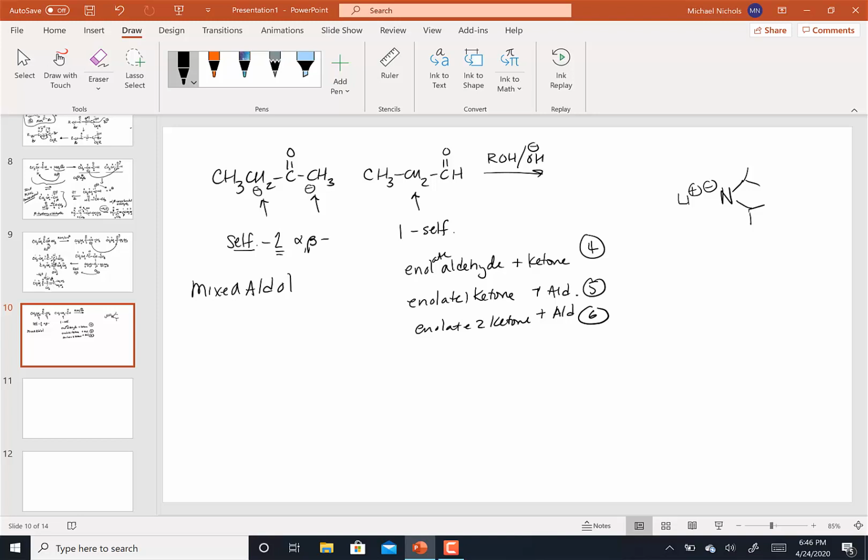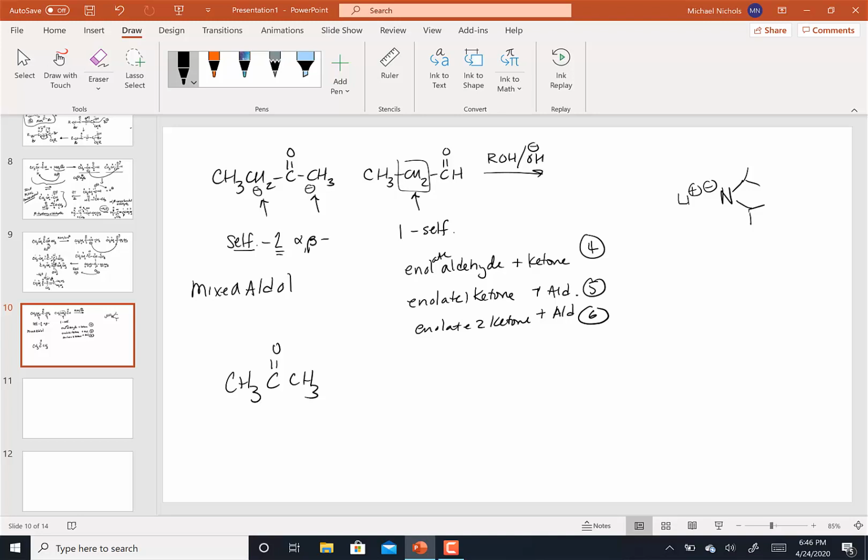Well, that's not productive. So what people would sometimes do is this. They always used a symmetrical aldehyde or ketone. Now you say symmetrical aldehyde, there is no such thing. Correct. Because if you have the aldehyde, you only have 1 alpha hydrogen that can be removed.